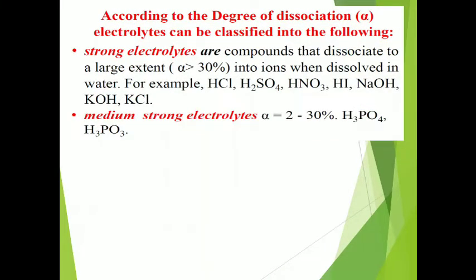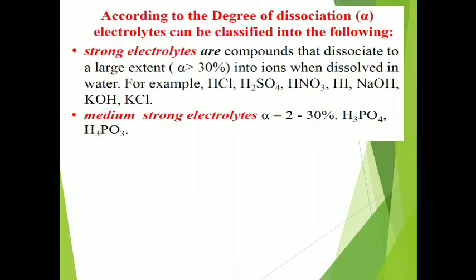Next, I am going to correlate class 11 knowledge with this portion. You already studied the degree of dissociation, alpha. What does it mean? Alpha means the number of molecules dissociated divided by the total number of molecules. For a strong electrolyte, that means one which dissociates fully, alpha should be 1. But for weak electrolytes, alpha is less than 1.